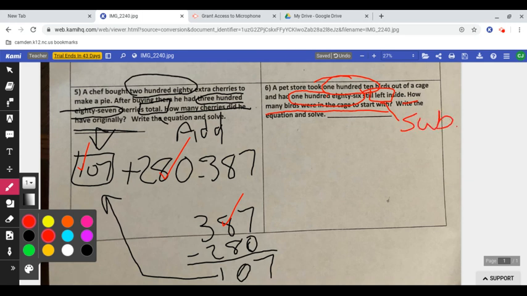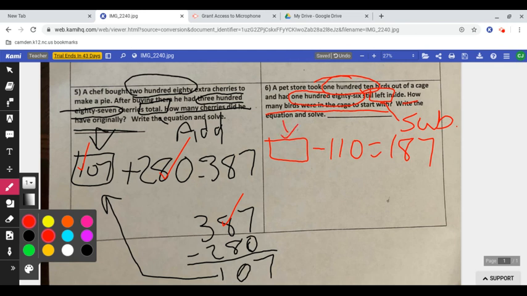I now need to set up my equation to match my problem. Box. I don't know how many birds were in there to start with, but I do know that they took 110 out, so I need to subtract. And then when they counted the birds up, they had 187. I need to think about the number I need in the front.